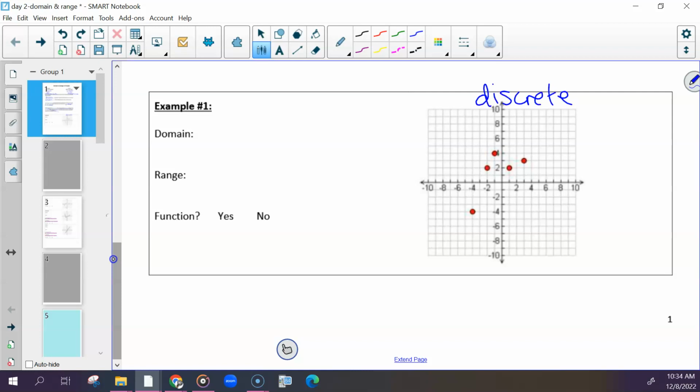Now, you need to know the difference. You don't need to write it. You'll need to know how we write the domain and range for the different graphs. So for our discrete graphs or functions, we list them least to greatest like we did before. So look at your x values.